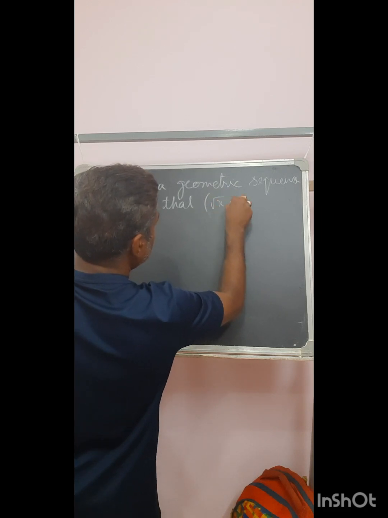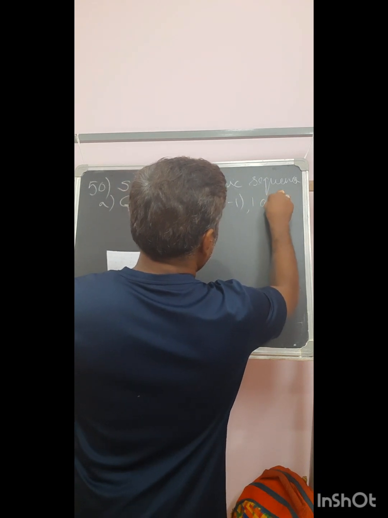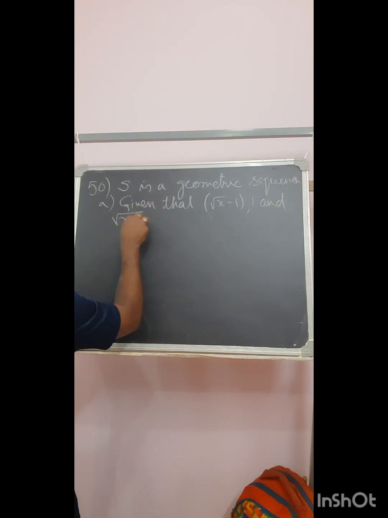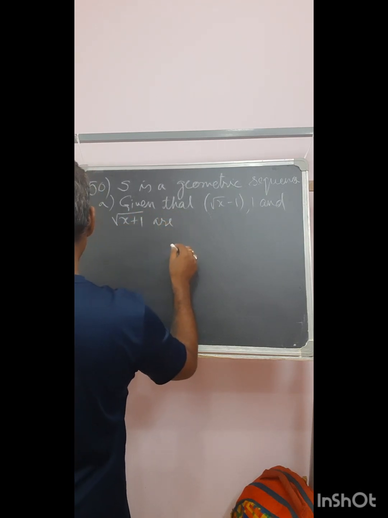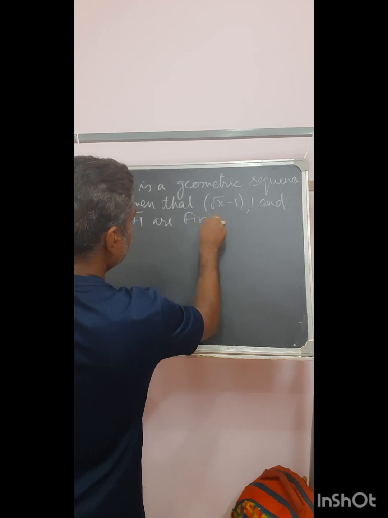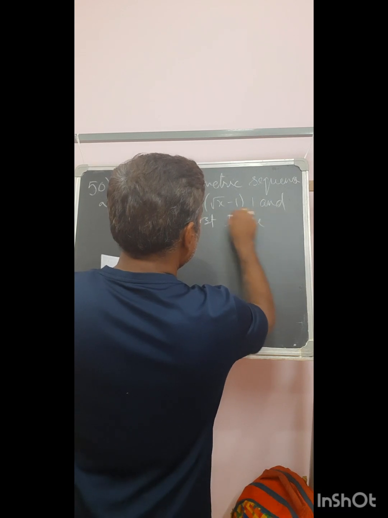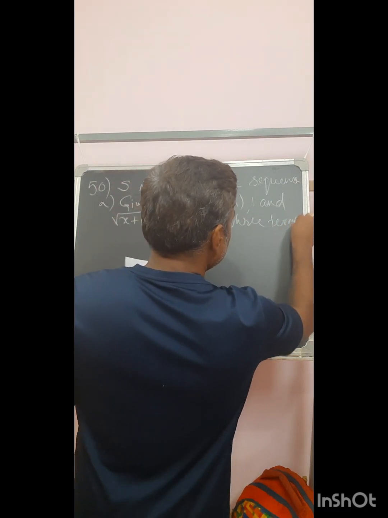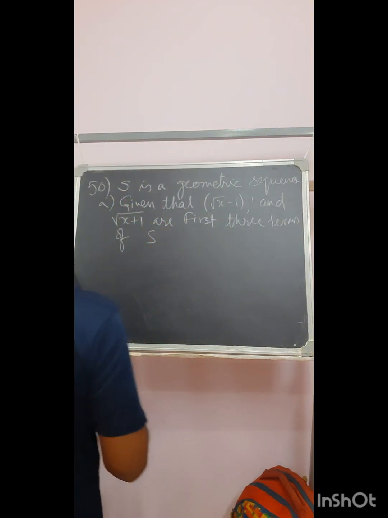root x minus 1, and root x plus 1 are the first three terms of S, where S is the geometric series.